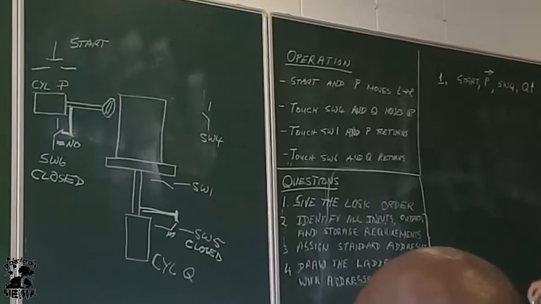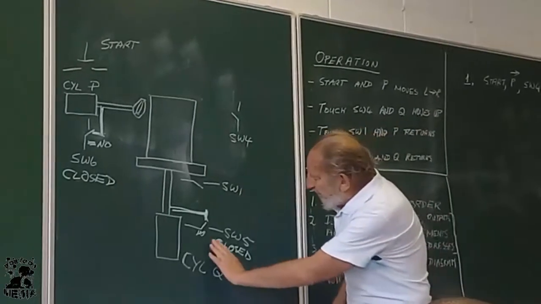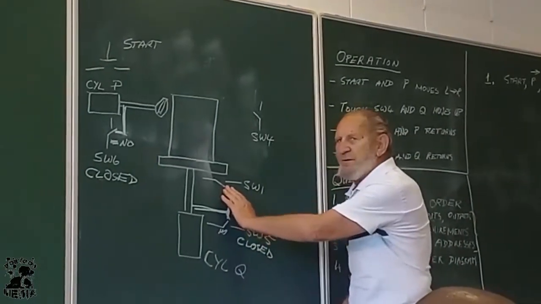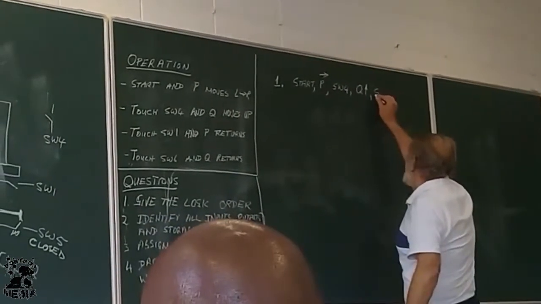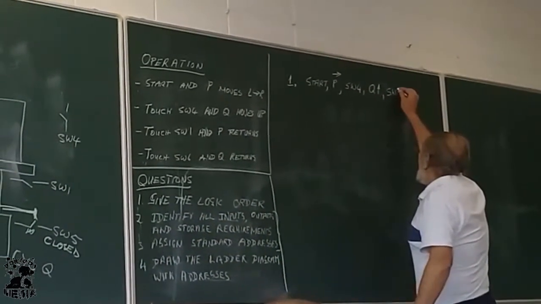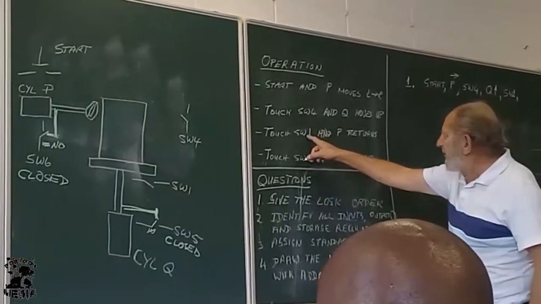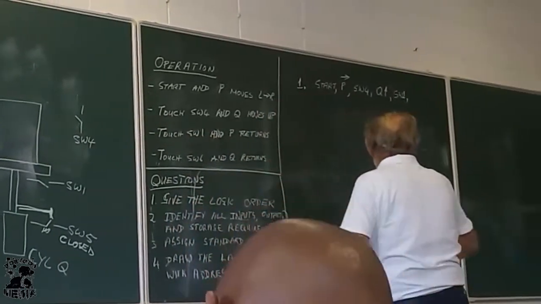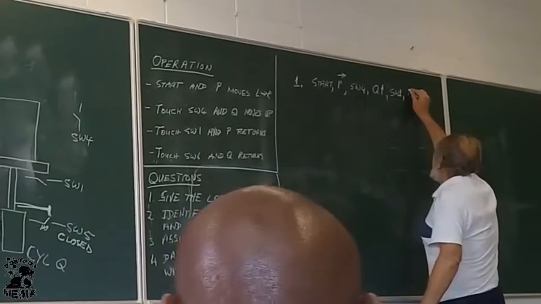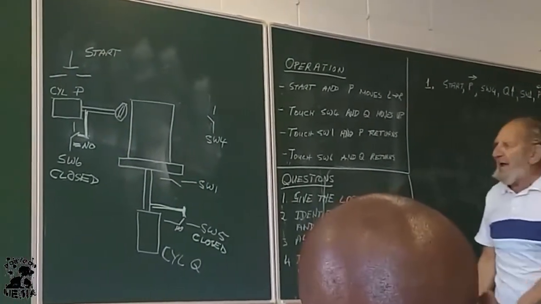And then what's going to happen? If Q moves up, it's going to open switch 5 and then it's going to touch switch 1. What will happen if it touches switch 1? Touching switch 1, P must go back to cut the bottom groove. P goes back. What will happen if it goes back?